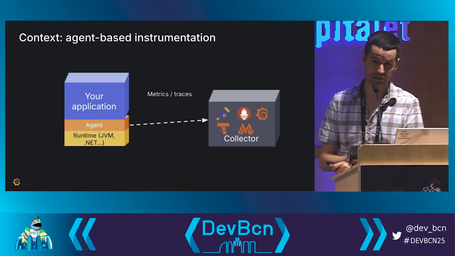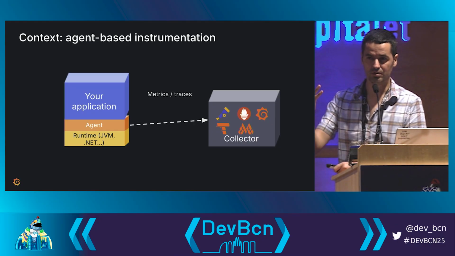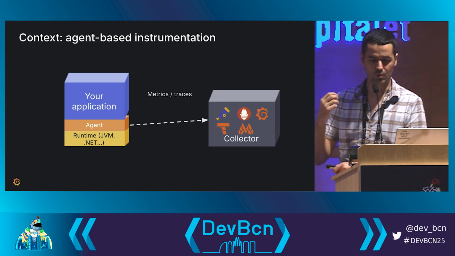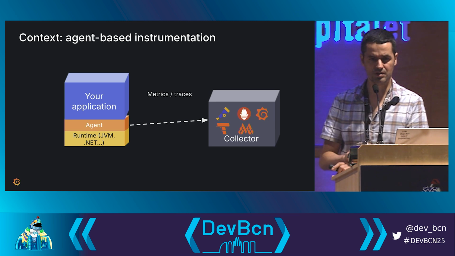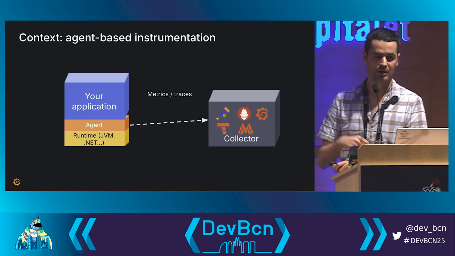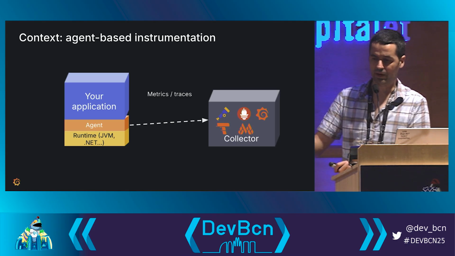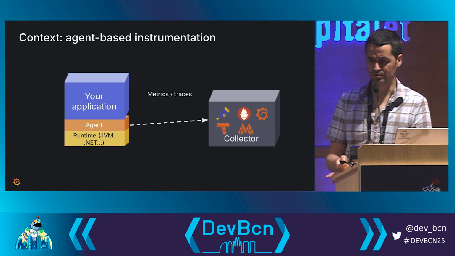For example, when your application performs an HTTP connection or opens a service that is called, this agent will listen for the connections, will inspect what's inside, and provide metrics and traces about the status of your application.